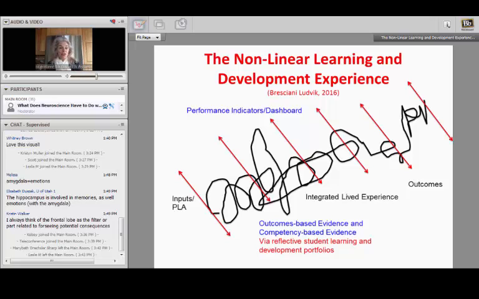And we can gather evidence in the reflective student learning portfolio in addition to the inventories, because I recognize it's not affordable to put all of our students in little fMRI machines or stuff like that.